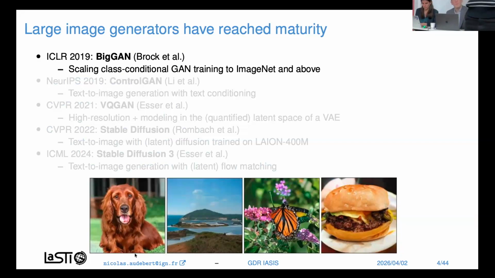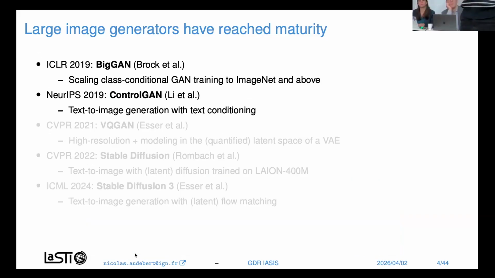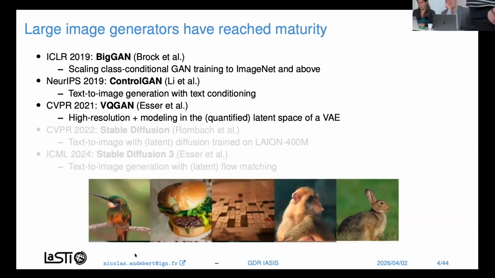And it allowed Brock and colleagues to generate images that were significantly better quality than what existed before. And after that, it was really just getting the ball rolling, adding text in ControlGAN, going higher resolution using VQGAN, which used basically latent space modeling in the latent space of a variational autoencoder.